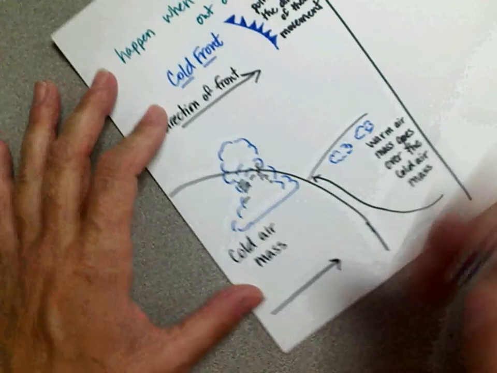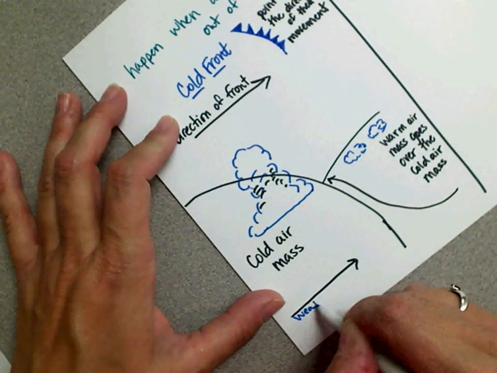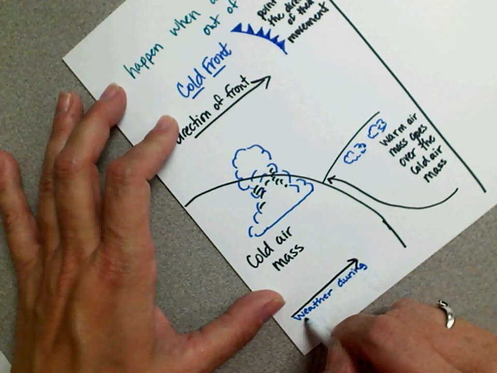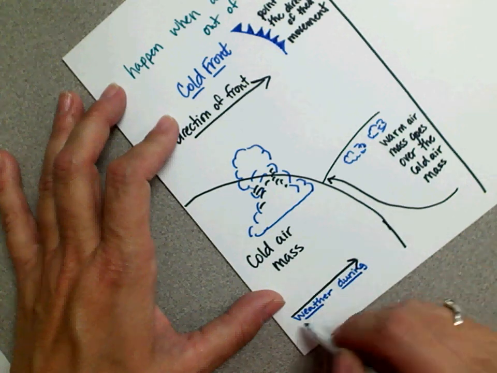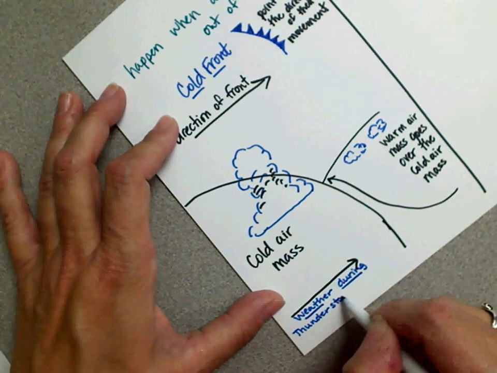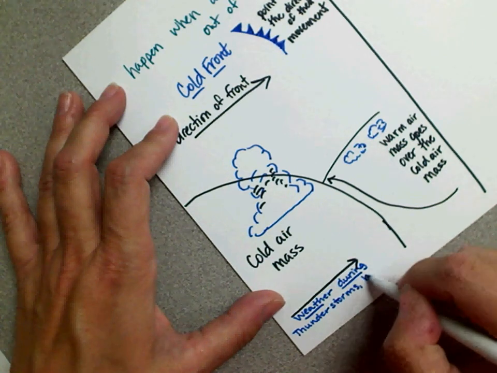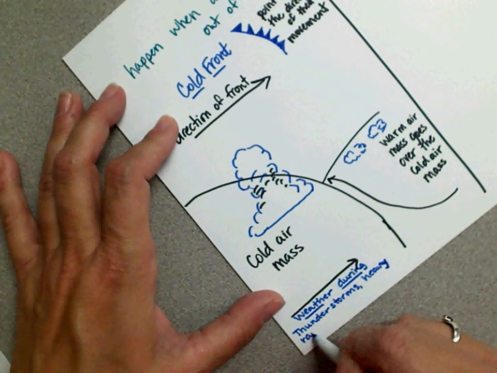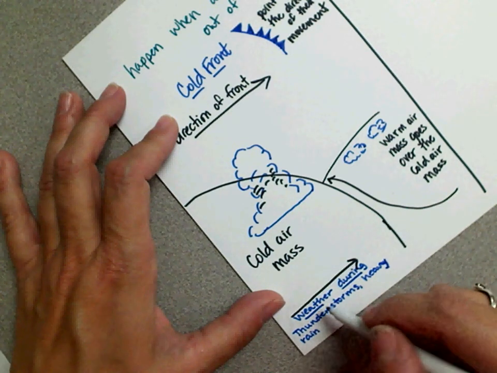And the weather during a cold front is going to be like thunderstorms, heavy rain, lightning.